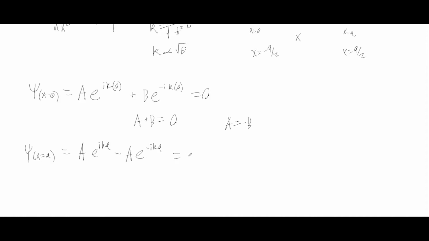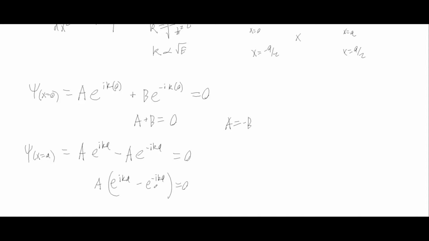And once again, we want to set that equal to 0 because we need our wave function to be 0 right there. And so we can factor out these a's, and then we have a times (e to the i k a minus e to the minus i k a), and this will equal 0.